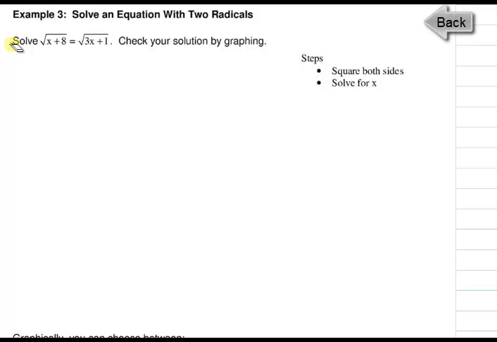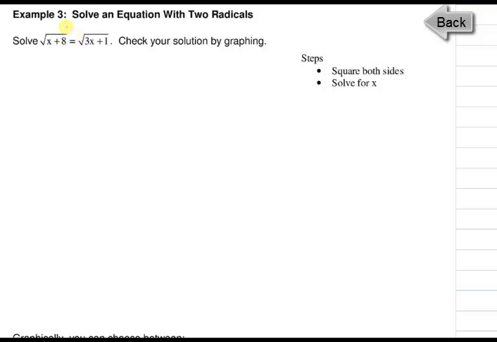We are now going to take a look at an example of solving a radical equation where we have a radical on both sides of the equation. So if you take a look at this one, we have a radical of x plus 8 on the left and a radical of 3x plus 1 on the right. So if you take a look over here at the steps, the first step is to square both sides.